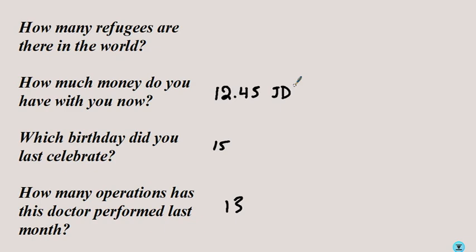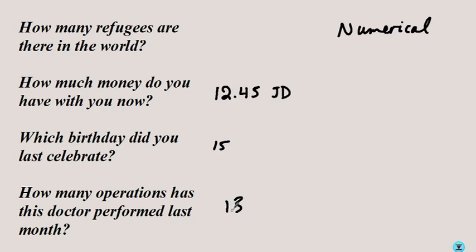But you'd probably say it's approximately, let's say, 46 million or something of the sort. Now, as you can see, what's common between all those questions is that the answer is numerical. You answered by giving a number, and not just any type of number.